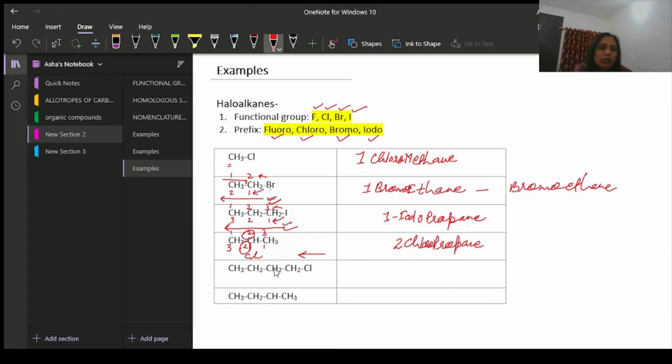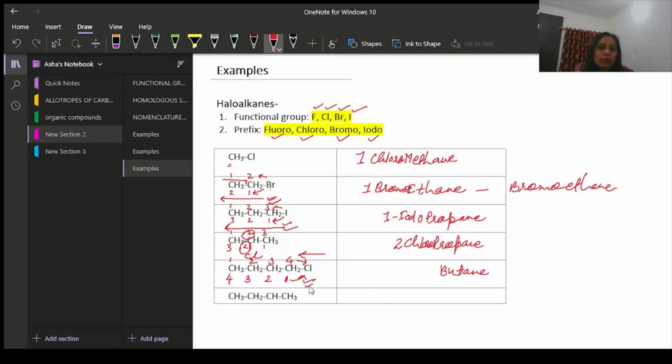Now this one, 1, 2, 3, 4, it is having 4 carbons, everywhere you are seeing single bond, so it is butane. Now if you are doing backward numbering 1, 2, 3, 4, with the first carbon Cl is there. Now if you are doing from front to back 1, 2, 3, 4, with the fourth carbon the Cl is coming.